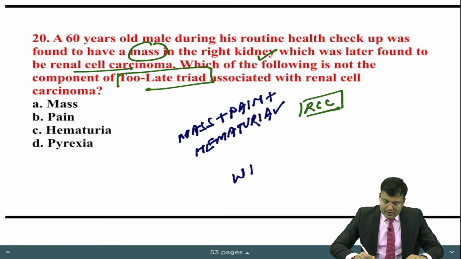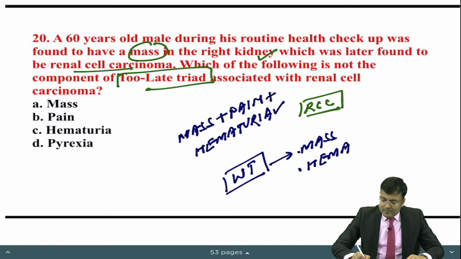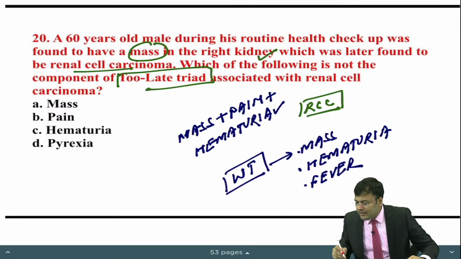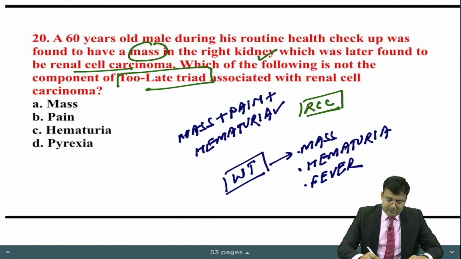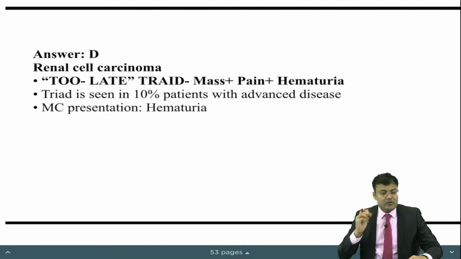Suppose I am asking you Wilms tumor. In Wilms tumor, what is the triad? So there is mass, there is hematuria, at the place of pain there is fever. Clear? So what is the correct answer for this question? It is D, pyrexia. So it is too late triad.